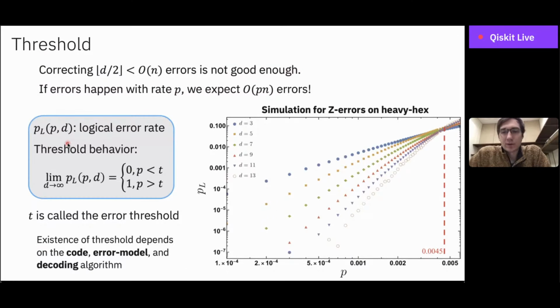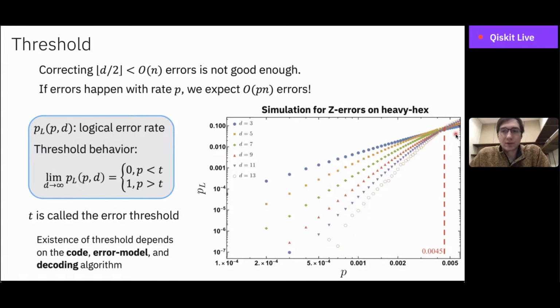So we were talking about this threshold. Here's a plot of the logical error rate versus the physical error rate for a particular code, which I'll explain later. You can see this behavior where below this point where all the curves cross, you're getting lower logical error rate as you increase the distance, as you increase the code size. And above that point, you're getting higher logical error rate.